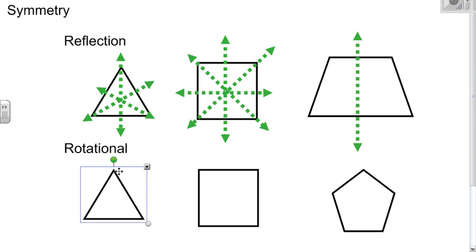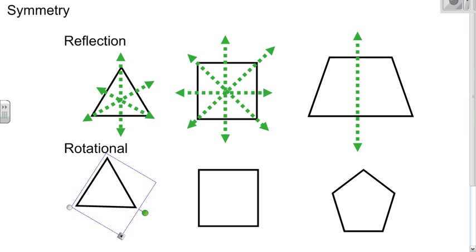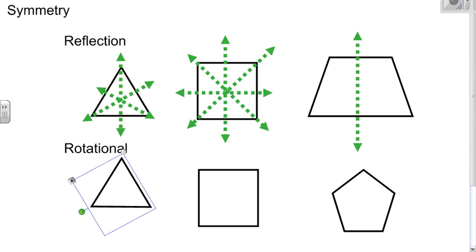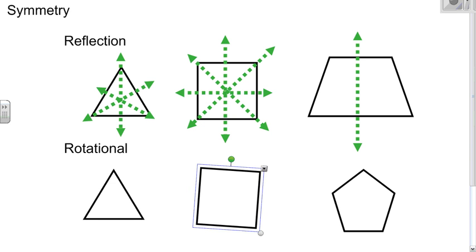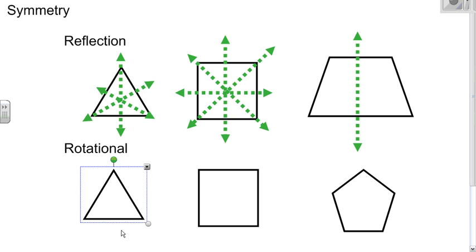Rotational symmetry is just like it sounds. If you rotate it, it would match up to itself. So an equilateral triangle, if you rotate it, can match up to itself. It looks the same once you've rotated it, you wouldn't even know. Also with squares, if you rotate 90 degrees, it will match up to itself. For the triangle to match up, there has to be a third of a turn, which is 120 degrees.